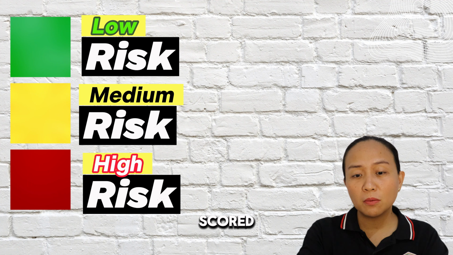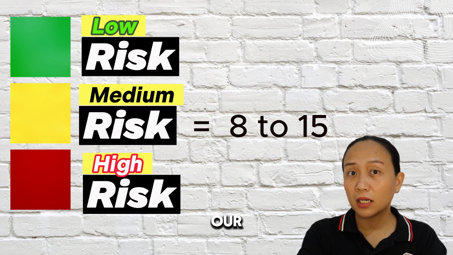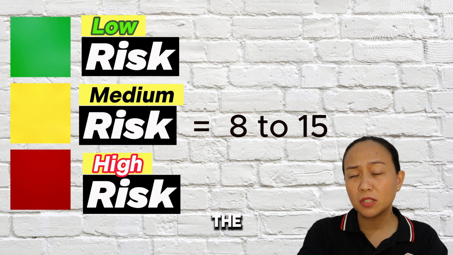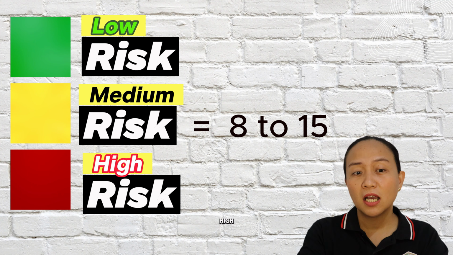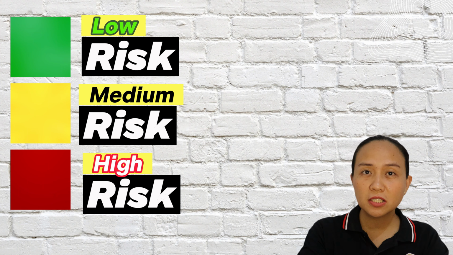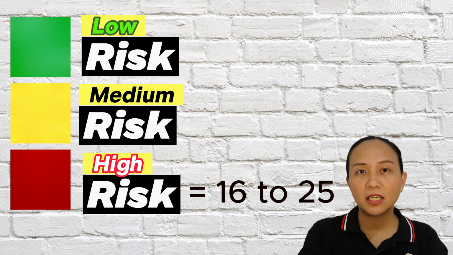If it is scored naman po from 8 to 15, ang ating color po natin is yellow. So, the risk is high priority or medium. Then, if your risk rating will equal to 16 to 25, so that would be a work stoppage order or high risk po ang ating hazard.